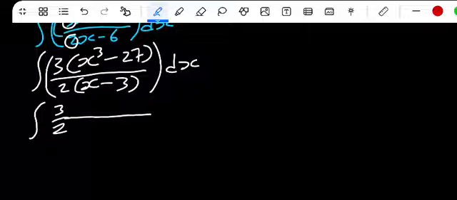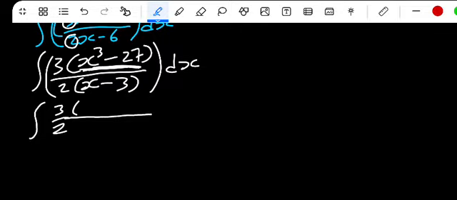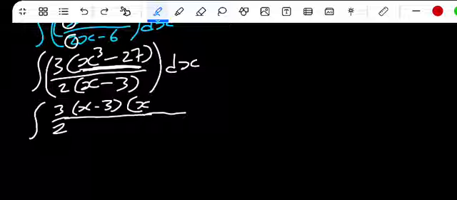But here, remember, this is the difference of 3 cubed. So we simply have x minus 3 multiplied by x squared. You must know how to do that. Then x squared, multiply this, and you have plus 3x there.